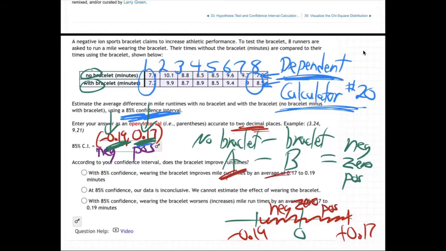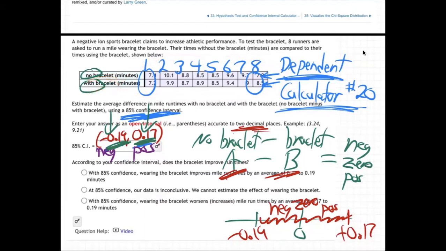The difference between the true, meaning for all people, you might wonder, why are we not sure? Well, this is just a sample of 8 people. What does this tell us about all people who will ever run with no bracelet versus run with a bracelet? Will there really be a difference?